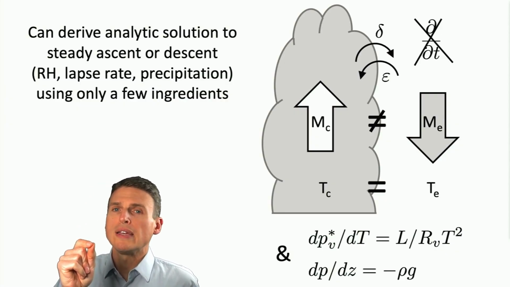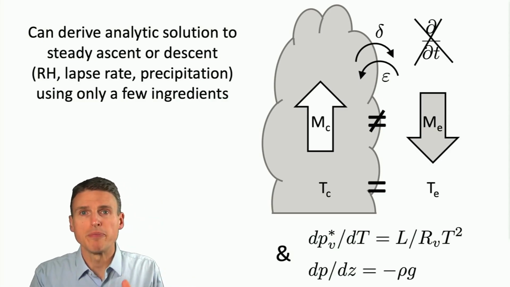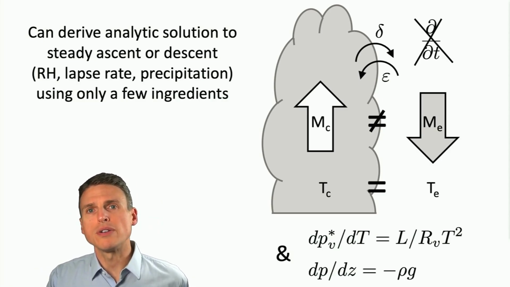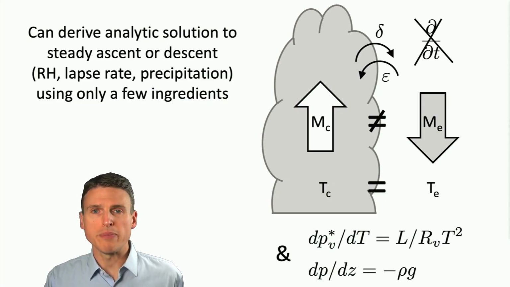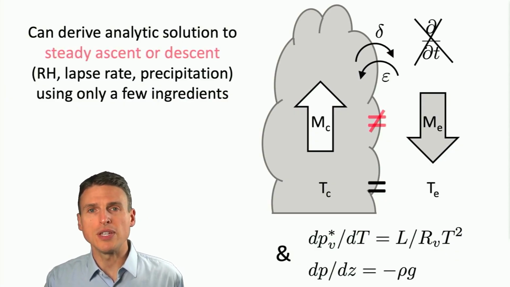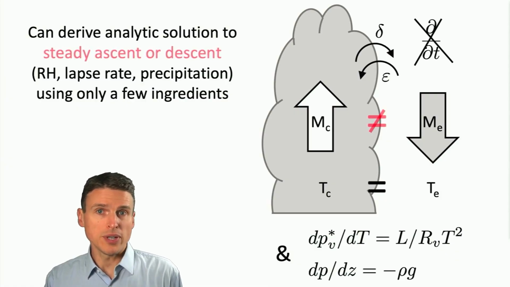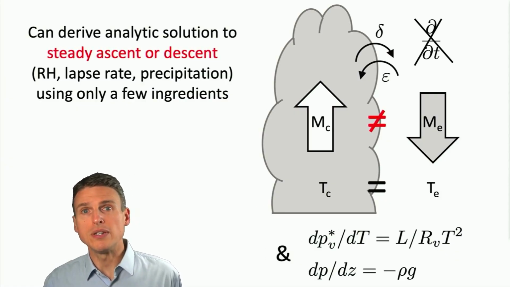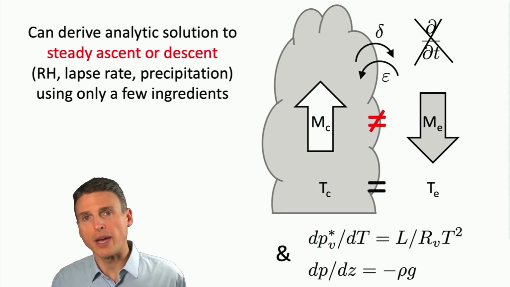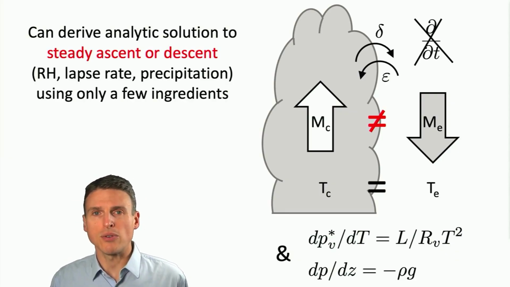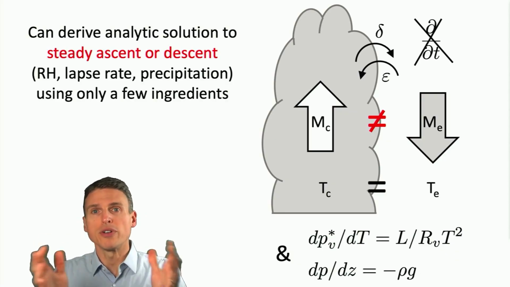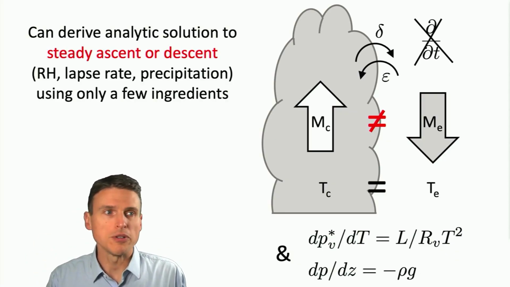The one difference in terms of setup is that we no longer assume that the mass flux going up in clouds is equal to the mass flux going down in the environment. These can now be different magnitudes, so there can be net ascent or net descent, averaging over convection and environment.